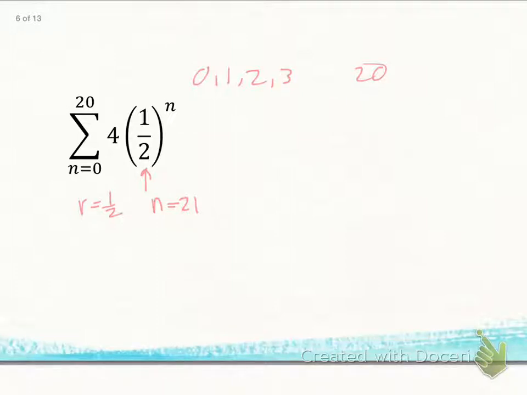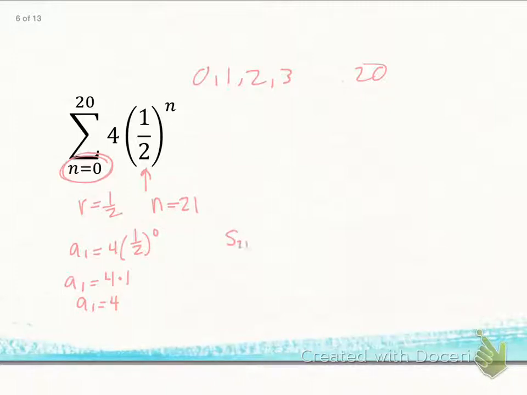Okay, and then to find my a sub 1, I need to plug in 0 this time because I'm starting it at 0. So I'm going to plug in 0. Anything to the 0 power is 1. 4 times 1 is 4. So there's my first term. Now I can use my sum formula by plugging in all the three things that I needed.